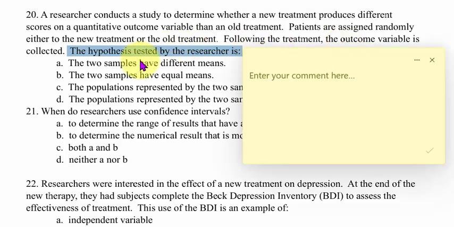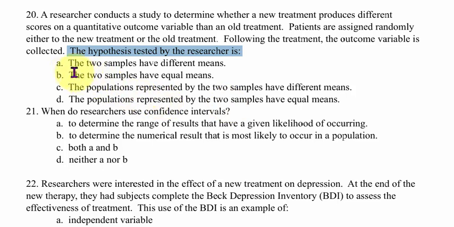All right. That they have 2 sample means? Okay. That's not right. That's the alternative hypothesis. Remember, we're always testing the null hypothesis. And the null states that the means are not different, which is the same as the means are equal. So this is correct.